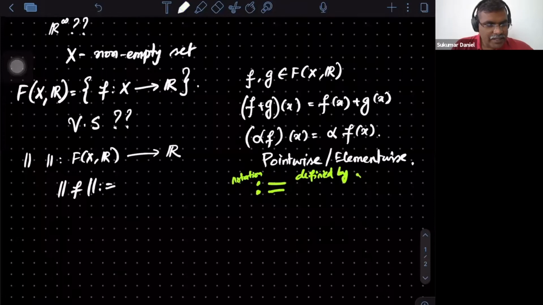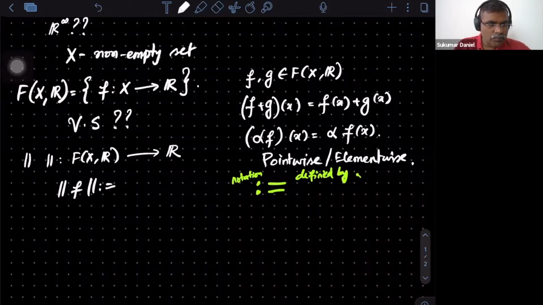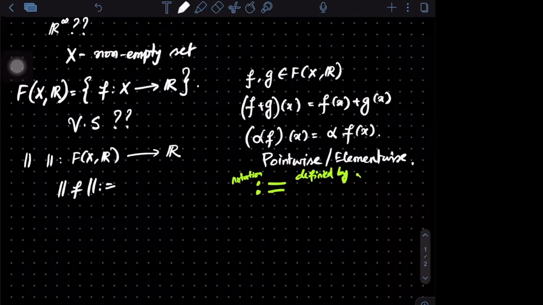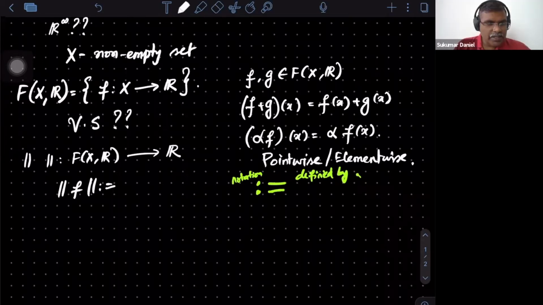So any suggestion? How many of you know what kind of norms we can define? There is a natural one.